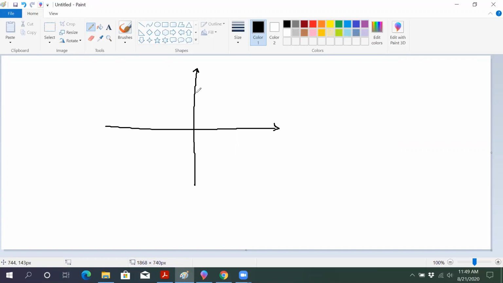So if here is 1, and here is 1/2, and here is 1, and here is -1. So this will be the graph of this function. Look at here, we have roughly like this.